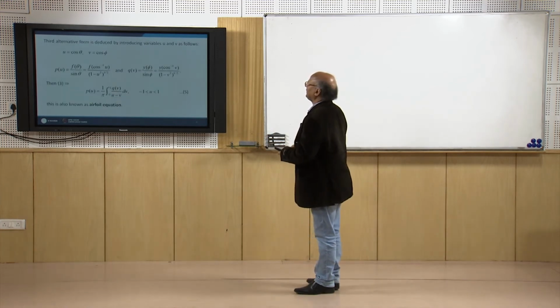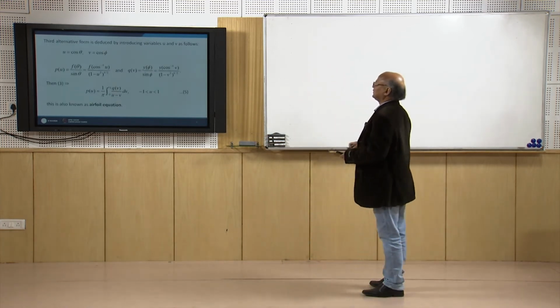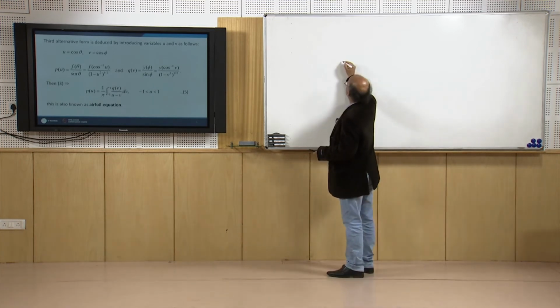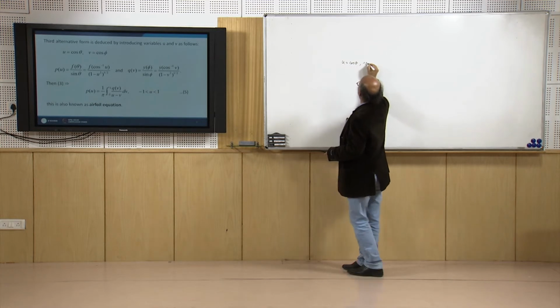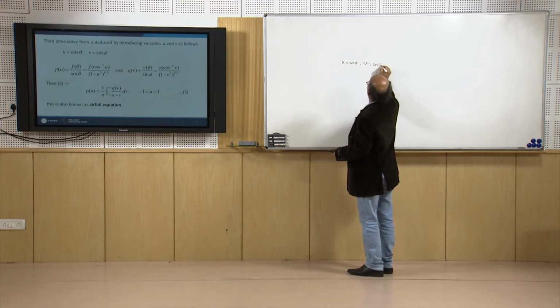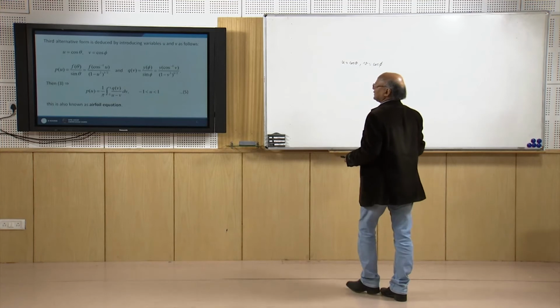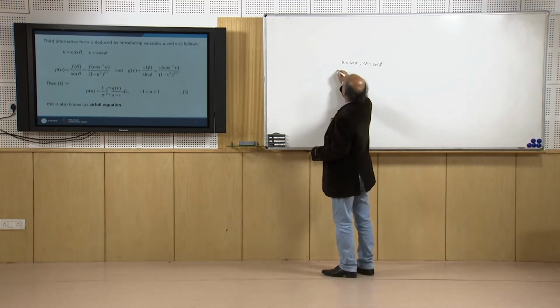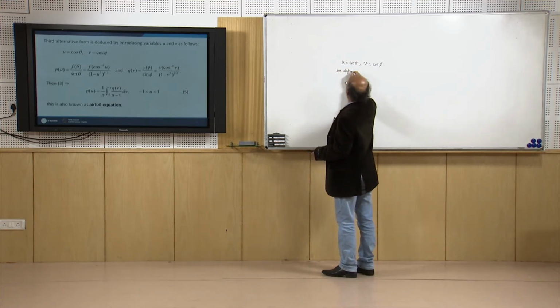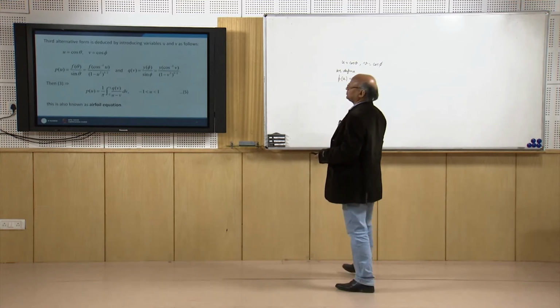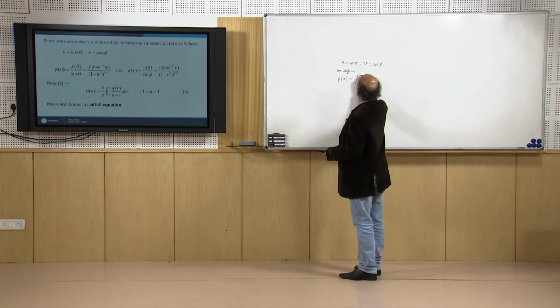What we do is we introduce new variables u and b by the equations u = cos θ and b = cos φ, and also we define the function p(u) = f(θ)/sin θ.